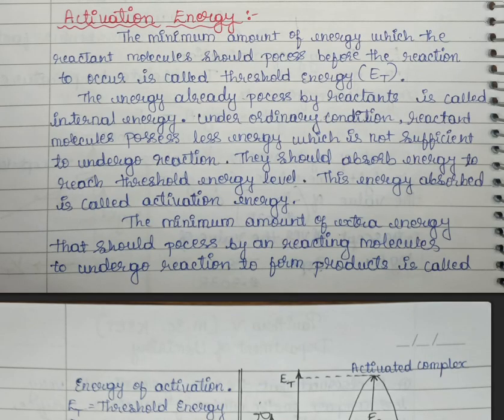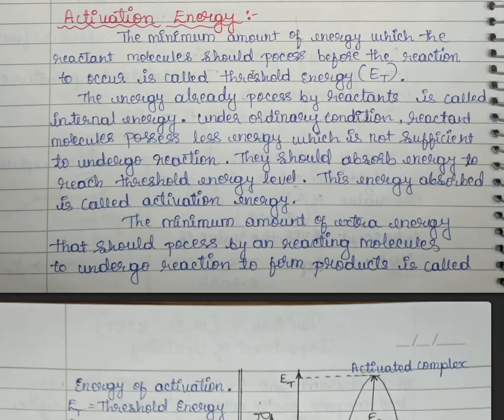Next we will move on to activation energy, that is energy of activation. We have three parameters. Threshold energy is the minimum energy that should be possessed by a reactant molecule to form products. Internal energy is the energy that already exists in the reactants.